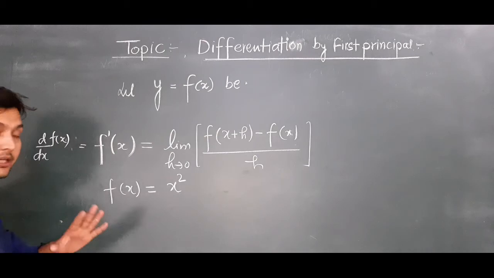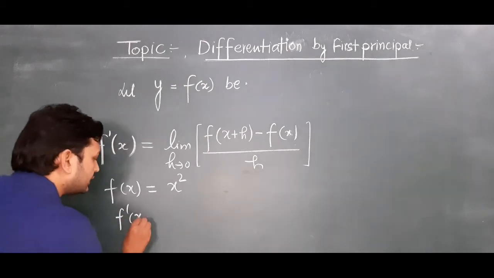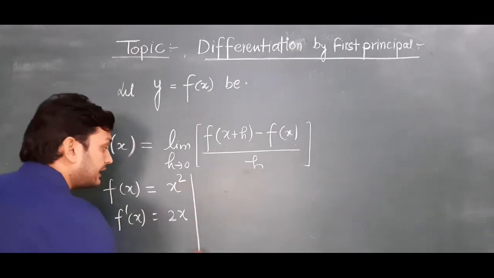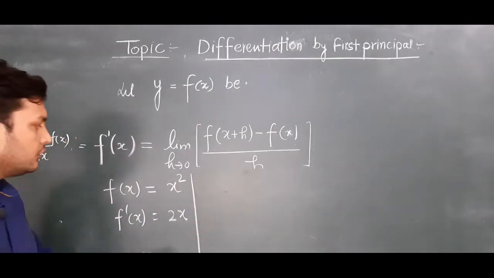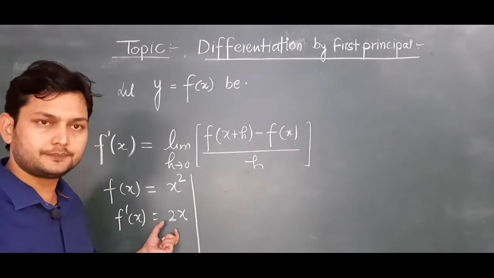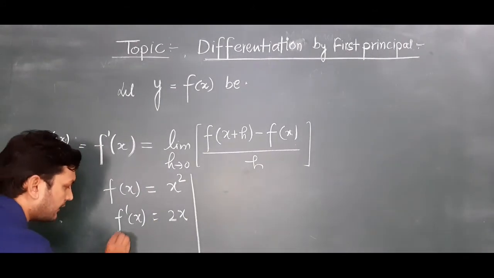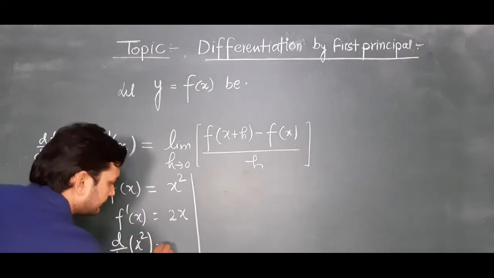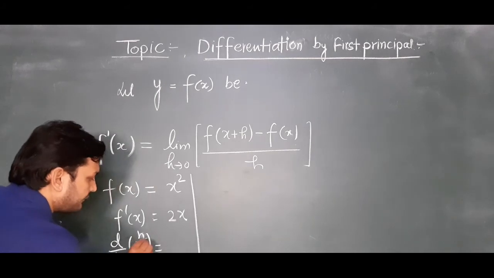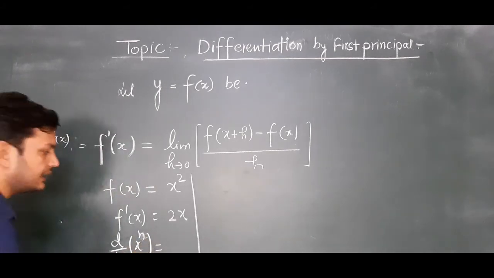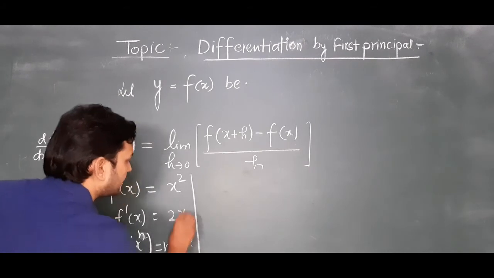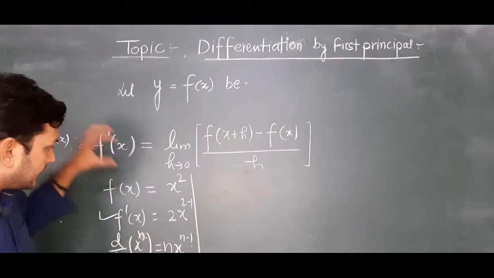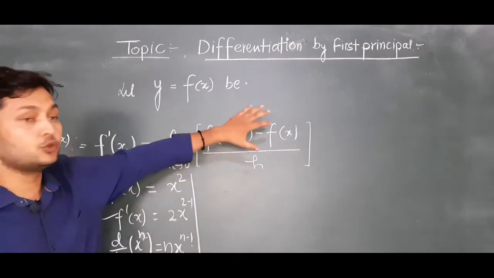You know very well that the derivative of this function is equal to 2x, because if you have x power n, the derivative is n x power n minus 1. By using this concept we can write this. But how can we find the derivative of f(x) is equal to x square by using the first principle formula?